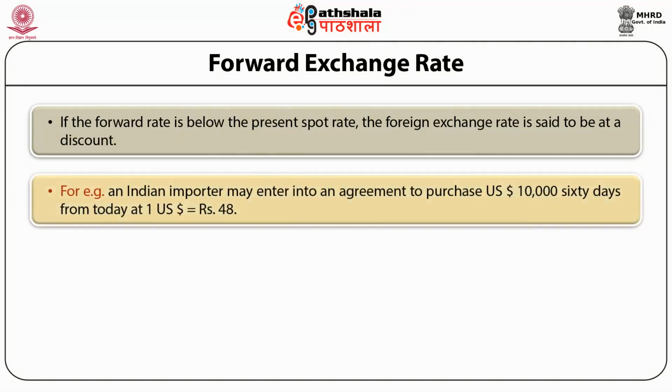For example, an Indian importer may enter into an agreement to purchase US dollar 10,000, 60 days from today, at the price of 48 Indian rupees per 1 US dollar.